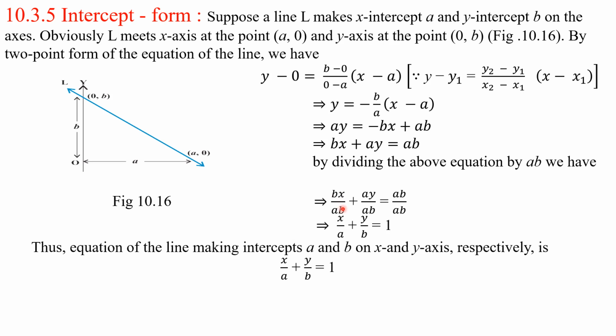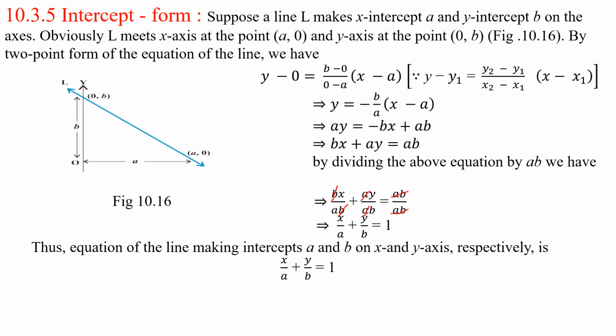Here b gets cancelled. Yes or no, my children? Yes. Here b gets cancelled. Then what will be the first term? x by a. And here a gets cancelled. Here ab gets cancelled.